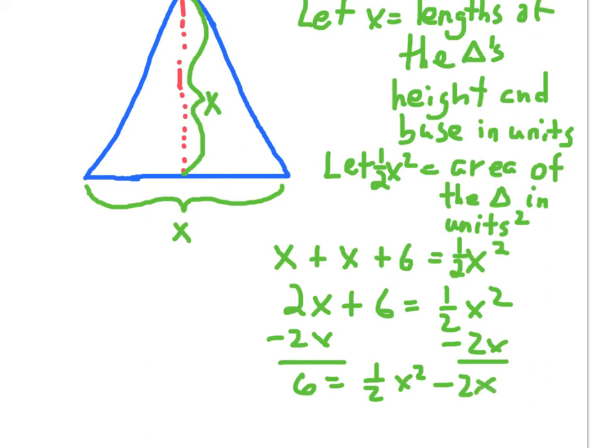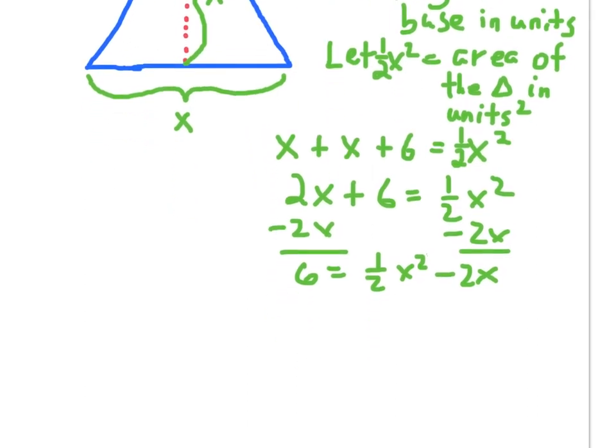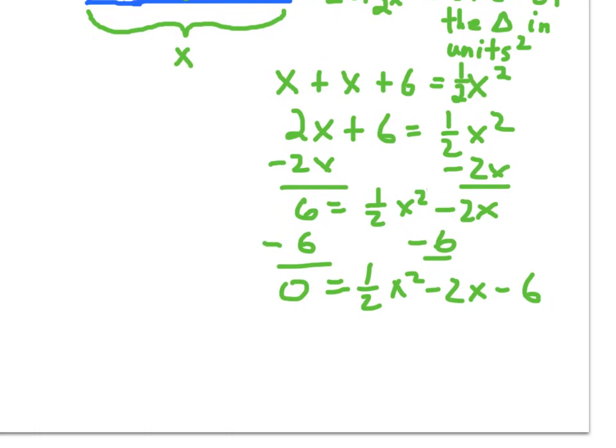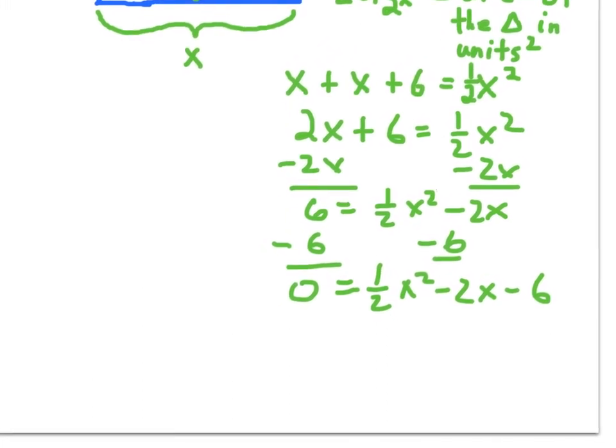Then I'm going to subtract 6 from both sides, to get both sides equal to 0. And then I have 0 equals 1/2 x squared minus 2x minus 6. So I'm going to factor out a 1/2 so I don't have that weird lead coefficient.